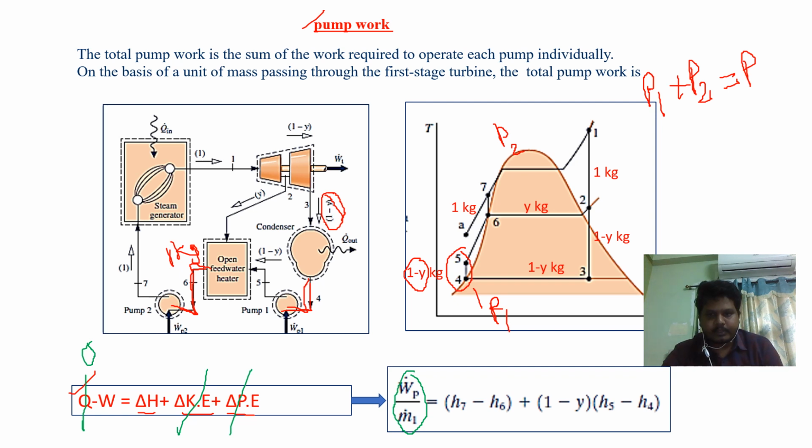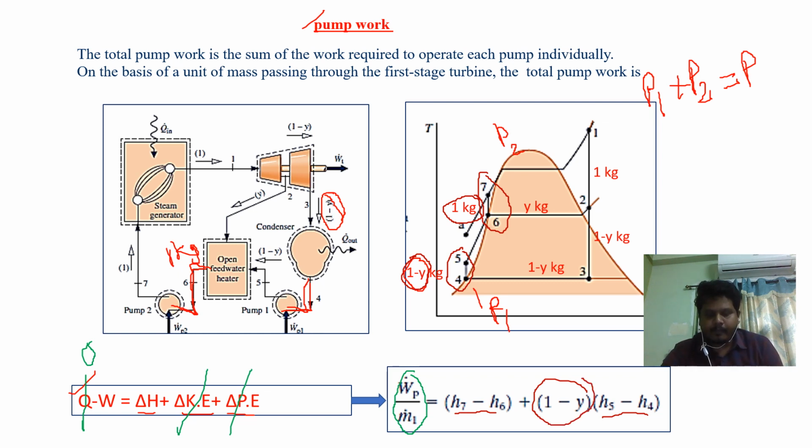So let us see first the process 6 to 7. We can write it as H7 minus H6. Here in this process the mass is 1 kg, so into 1, plus, coming to the first pump, here the process is 4 to 5, so H5 minus H4 into, here the mass is 1 minus y kg, so into 1 minus y.